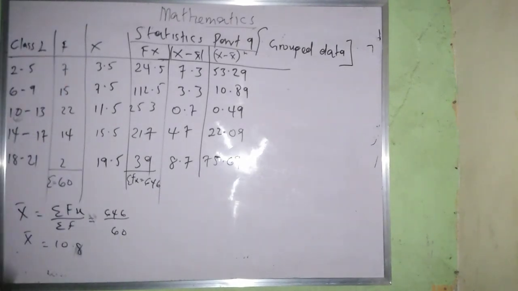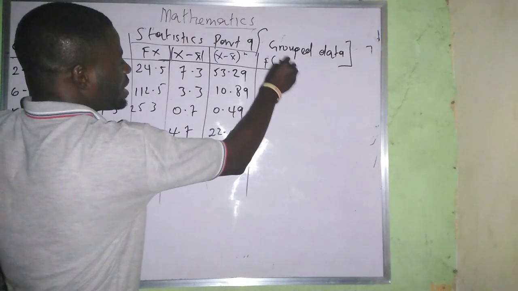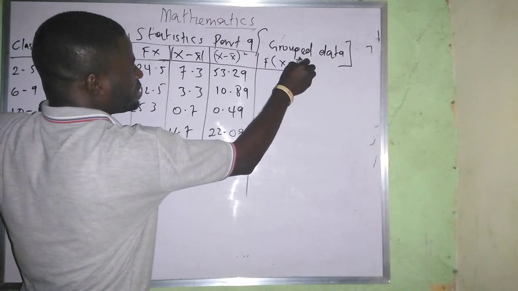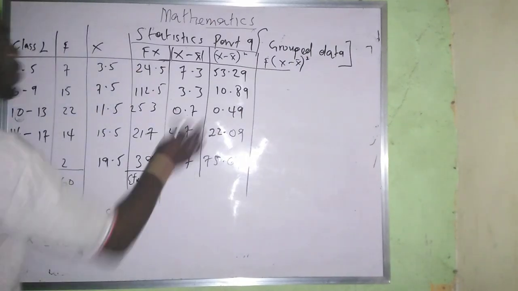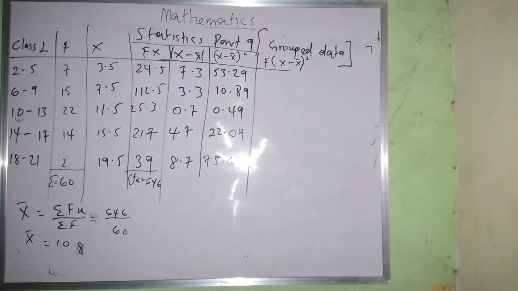Now what I need is f of x minus x bar squared. It means what I have here, I will multiply each of them by the frequency.